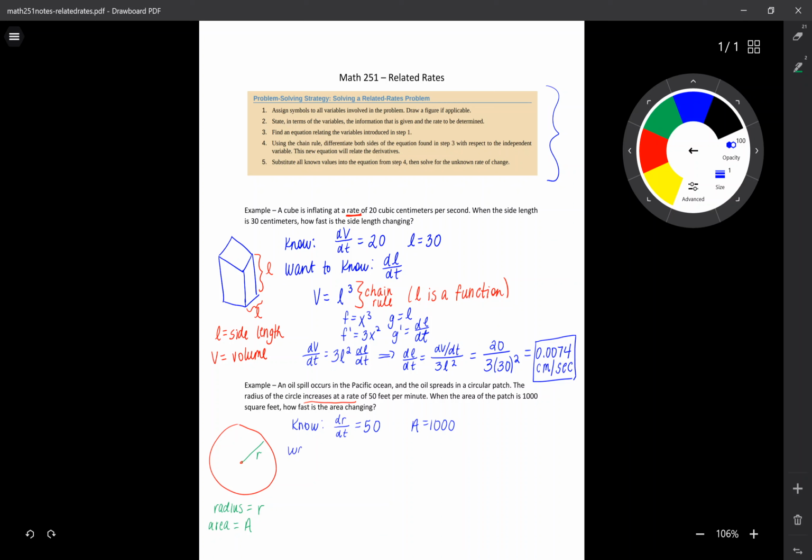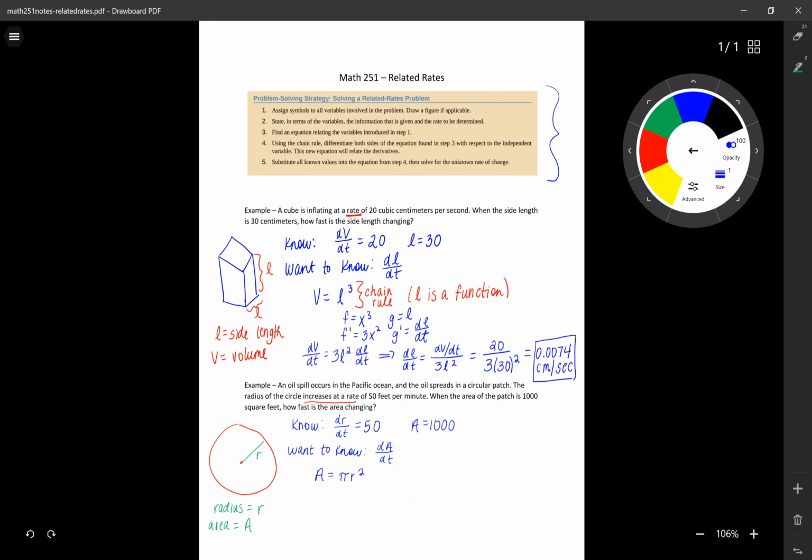And what do we want to know? We want to know how fast the area is changing. That word changing there tells me that I'm searching for dA/dt. Okay, well, how are my variables related to each other? How are radius and area related to each other? Well, I know that area is equal to pi r squared.